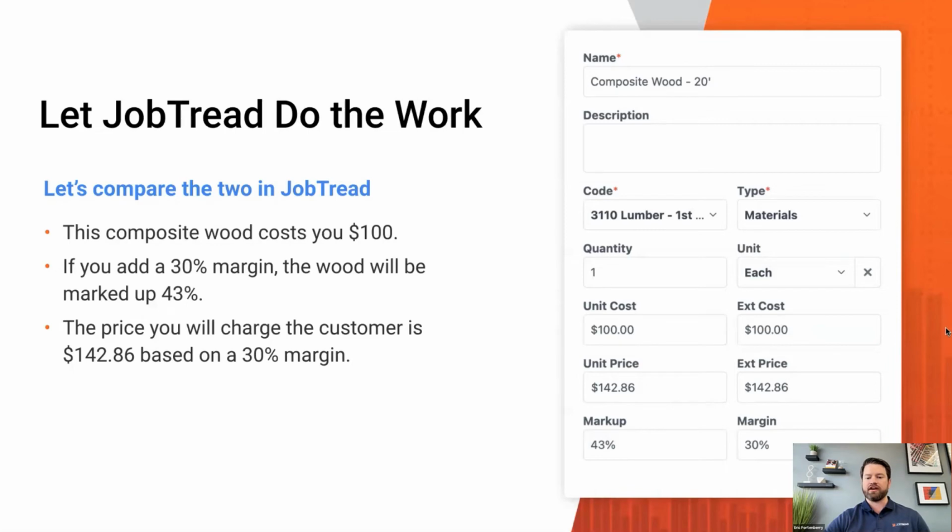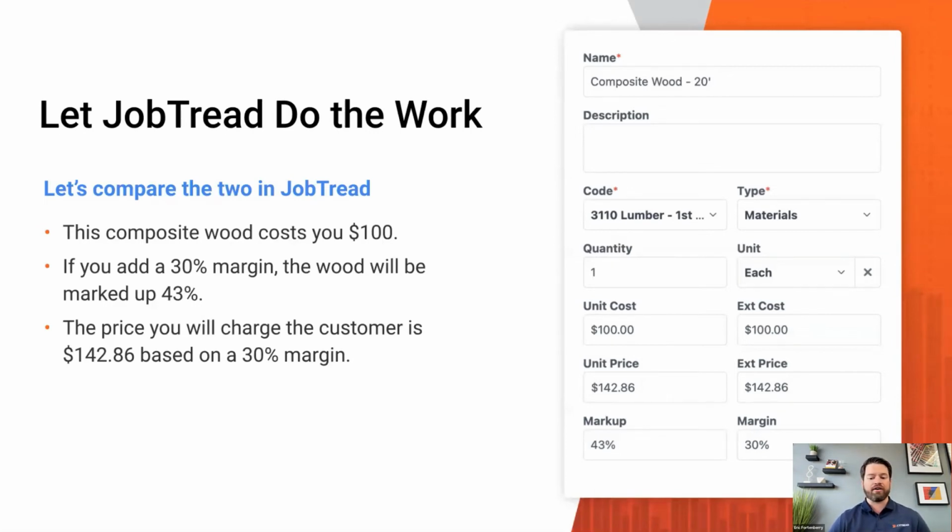You can see here in this screenshot from JobTread that our unit cost is $100, but our price is using the 30% margin, which is the 43% markup. So we're still getting to the same price, but we're showing you that based on that target margin of 30%, you would need to mark up that cost by 43%.